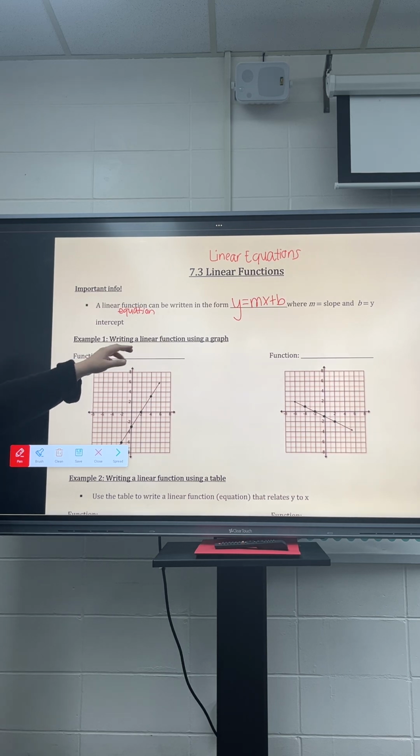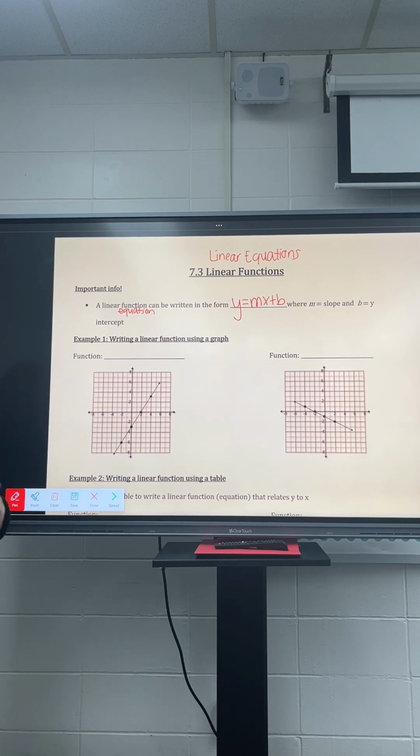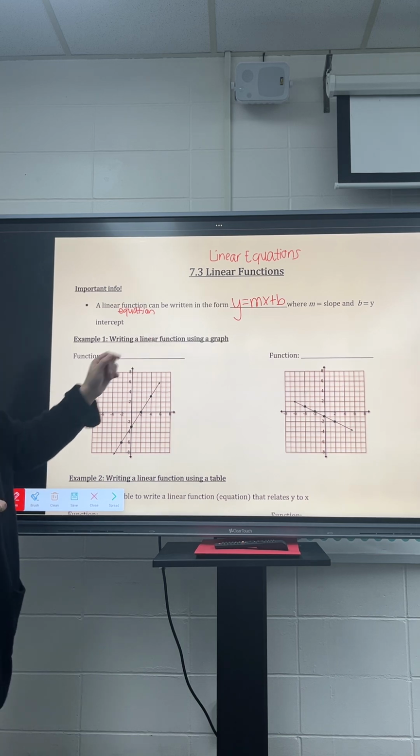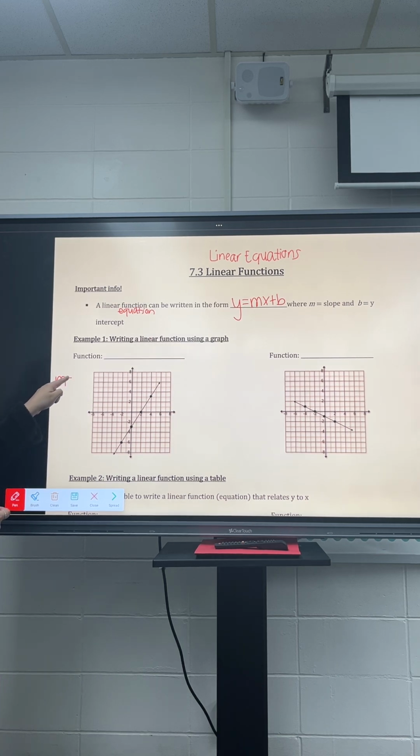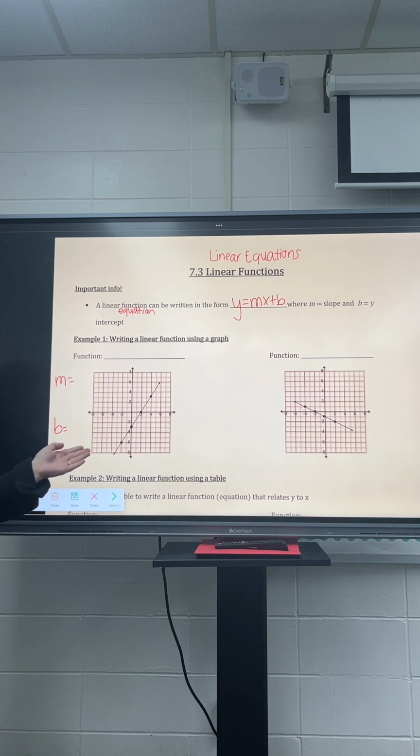So all we're doing is writing the linear function, aka equation, for this line. You've already done this stuff, okay? This should be review. So 2 things that I need to write a linear function are the m and the b. Hopefully you remember how to do this, okay? M, it just told you, represents the slope. I have a line on a graph already, so I just need to find the slope between 2 points.